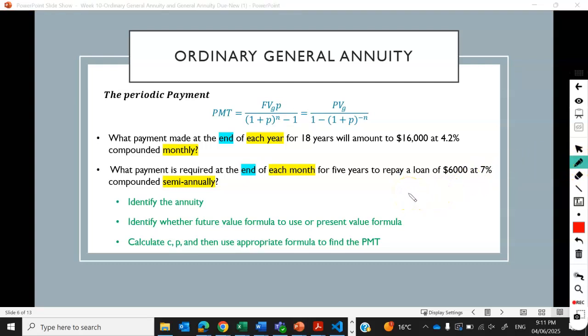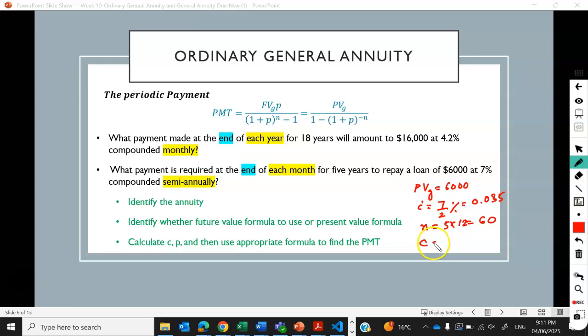Here loan of 6,000, so that is your PVG of $6,000. I is 7% compounded semi-annually, which is 0.035. Your N is 5 years, every month you are paying, so it is 60 times you are paying.